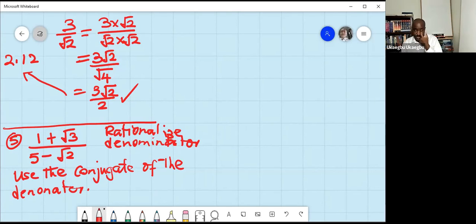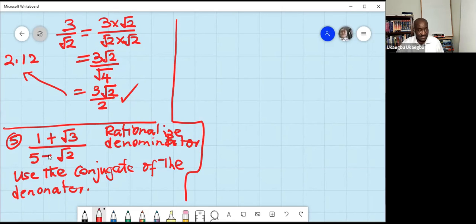Does anybody remember what is conjugate? Okay, conjugate means look at this number and just change the sign. Instead of negative, you make it positive. So now multiply the numerator and the denominator by the conjugate of the denominator.